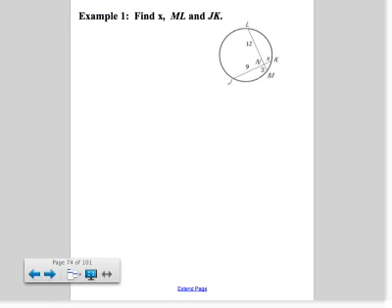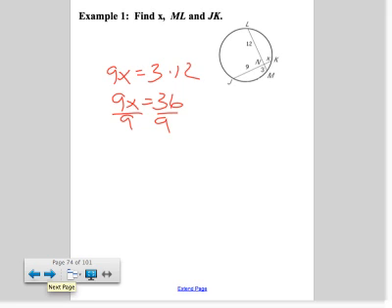Example number one says find X, find ML, and find JK. To find X, I have to just set this up. I have two chords that intersect, so I know that the products of each chord's segments have to be equal. So 9 times X has to equal 3 times 12, so that's 9X equals 36. Divide both sides by 9, so X in this particular diagram has to be 4.